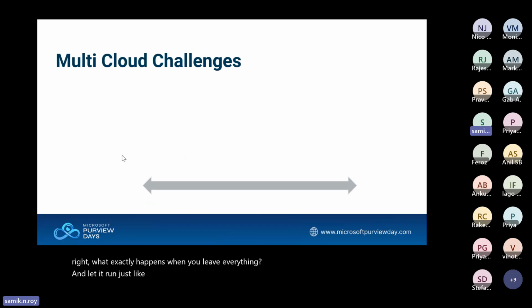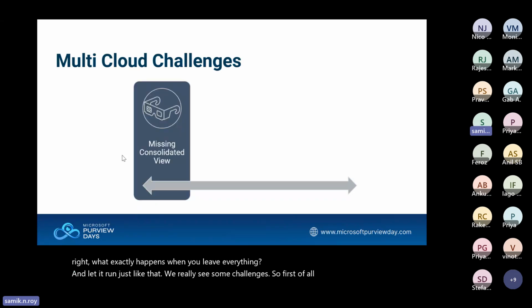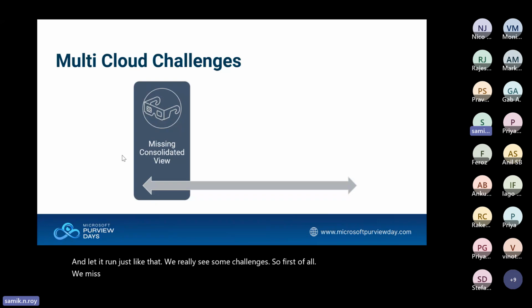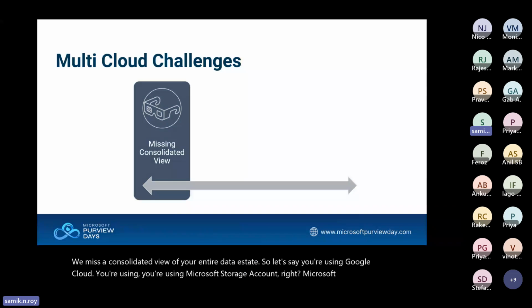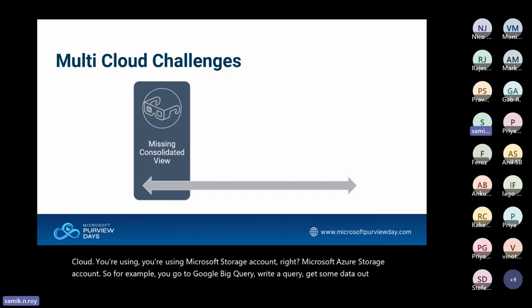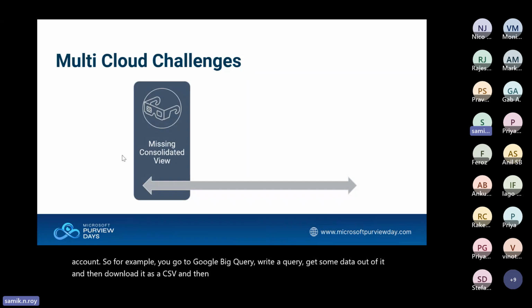First of all, we miss a consolidated view of your entire data estate. Let's say you're using Google Cloud and a Microsoft Azure Storage account. For example, you go to Google BigQuery, write a query, get some data out of it, download it as a CSV, and then you want to share the CSV with a customer, so you upload it to a blob.